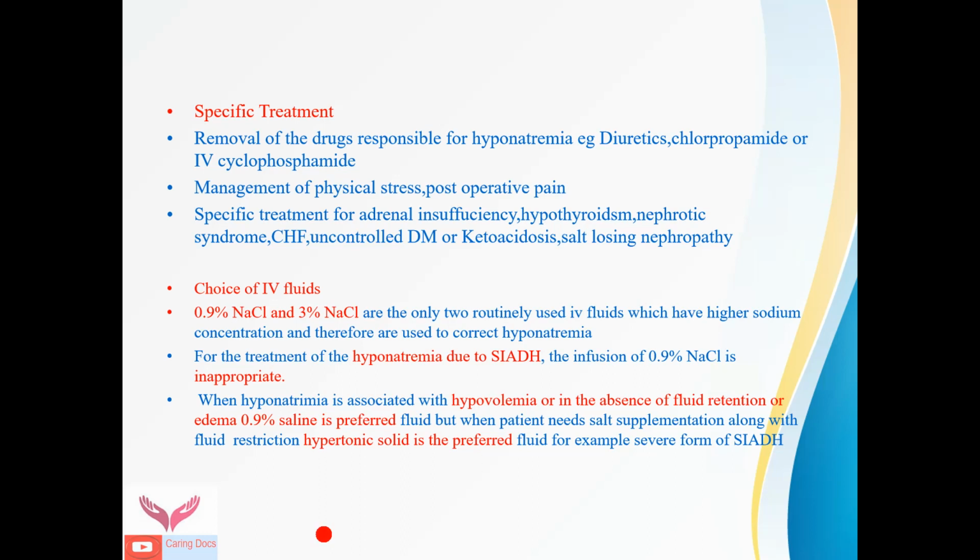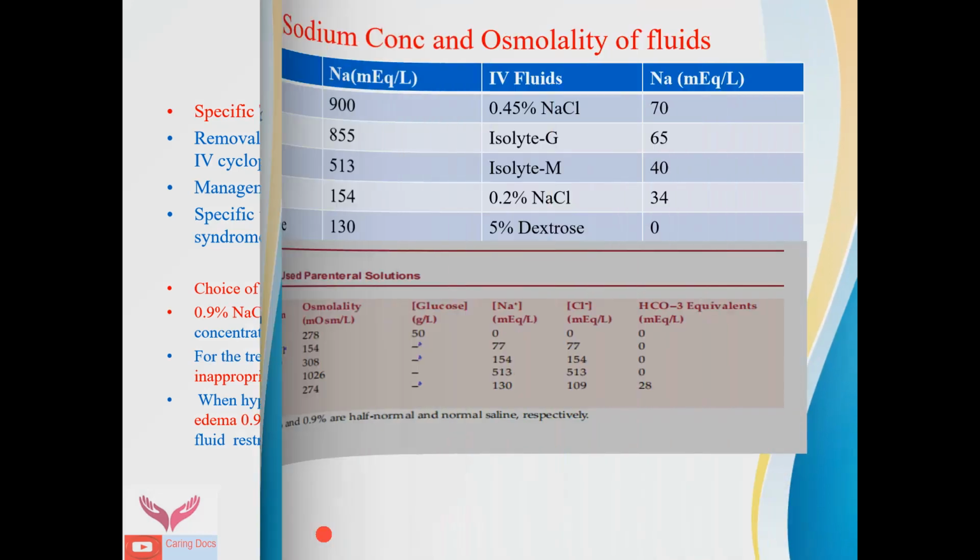When the hyponatremia is associated with hypovolemia or in the absence of fluid retention or edema, 0.9% saline is the preferred fluid. But when the patient needs salt supplementation along with fluid restriction, then the hypertonic solution is preferred, for example in severe forms of SIADH.